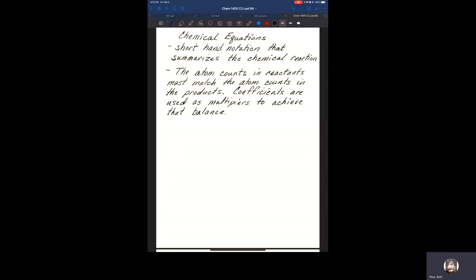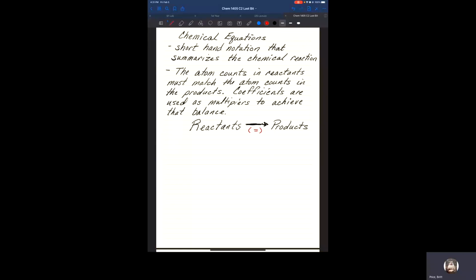When we write down our chemical equations, we're always going to have our reactants, our starting materials, going to form our products. This reaction arrow here, you can think of it as a chemical equal sign.